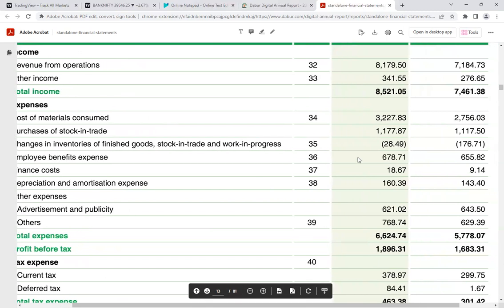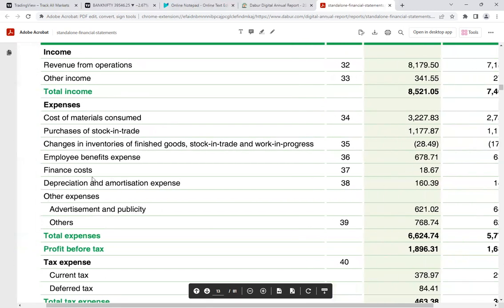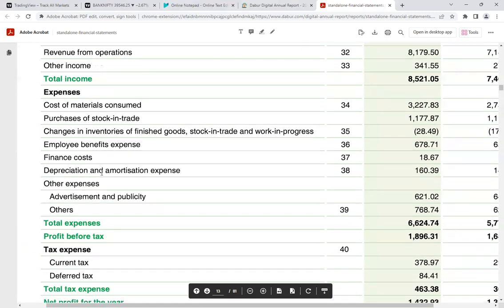There are multiple items here: financial costs, depreciation and amortization expenses. At a higher level, depreciation and amortization expenses means, for example, this Dabur company has some plant and some machinery to refine the honey.